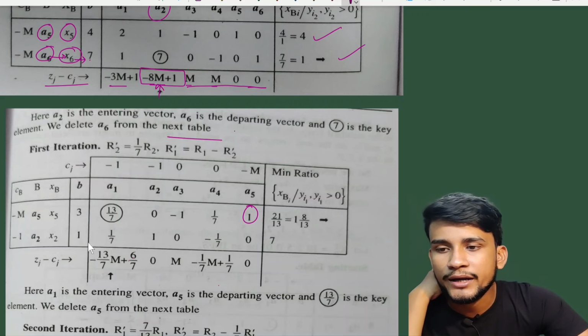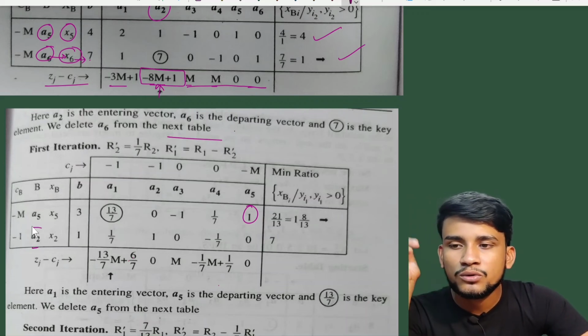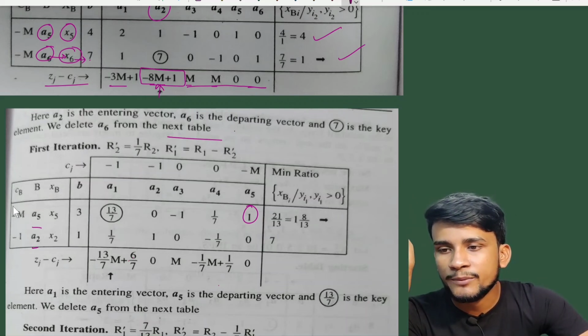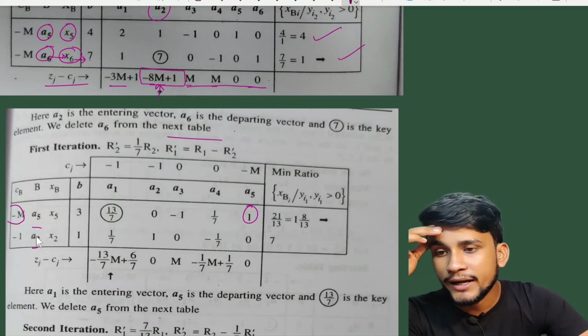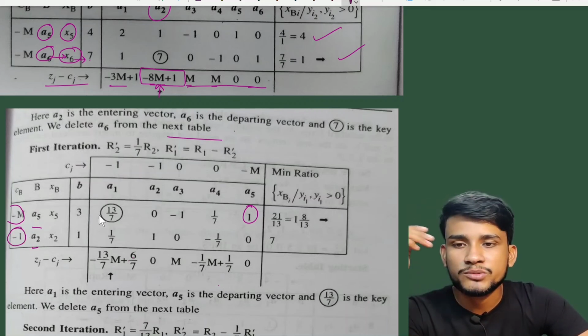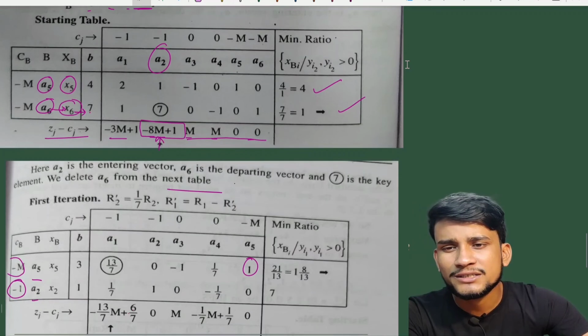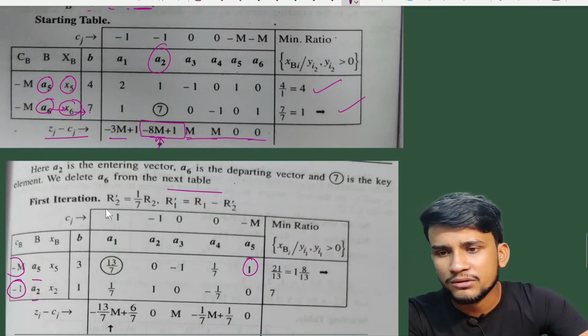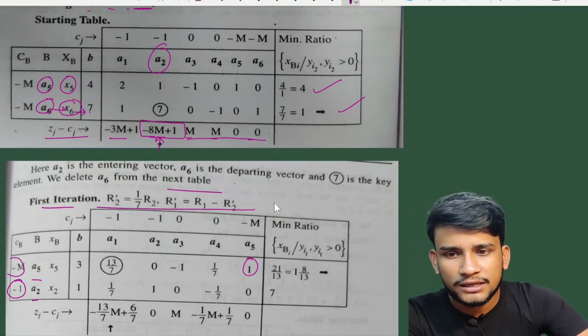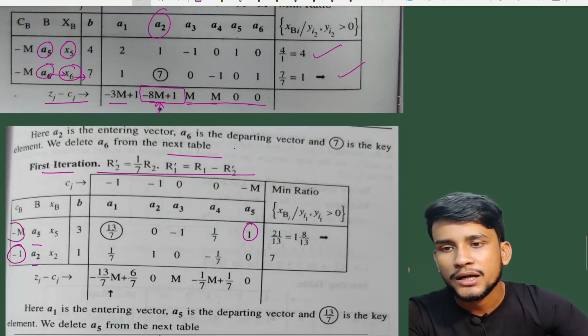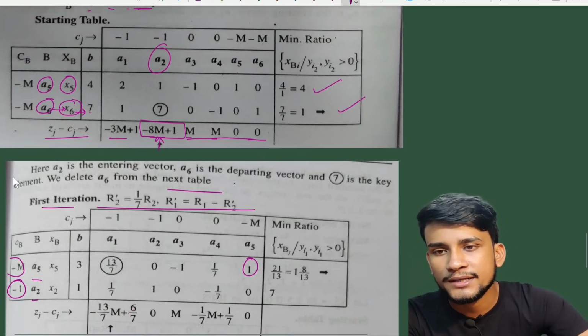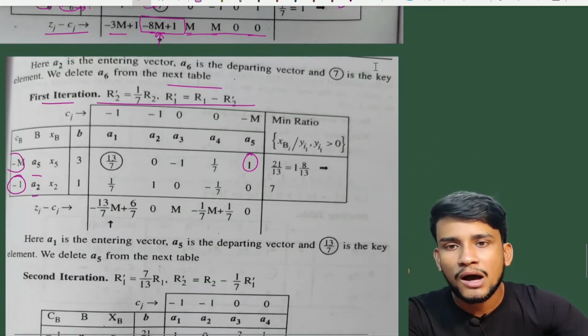Okay, a5 and a2, so we write the costs corresponding to x5 and x2. Similar calculation you can do and write the iteration. These are the calculation methods you can apply here, and here 7 is the key element. We all know how the key element comes.